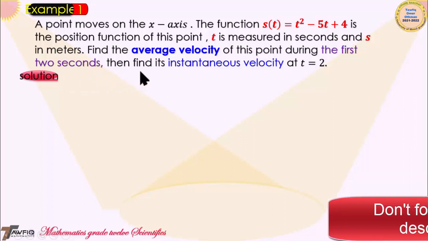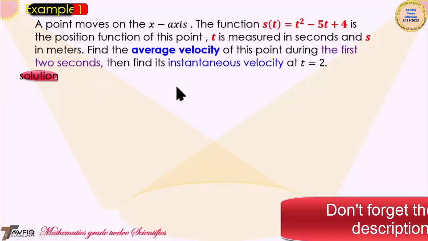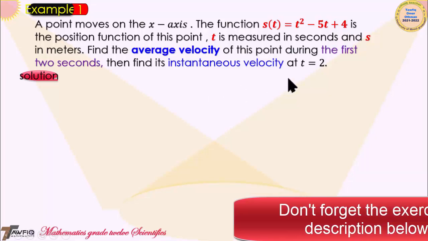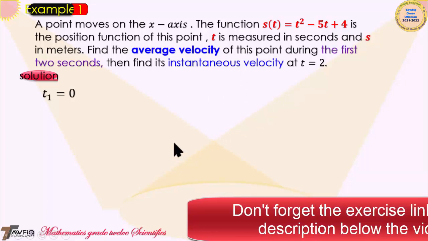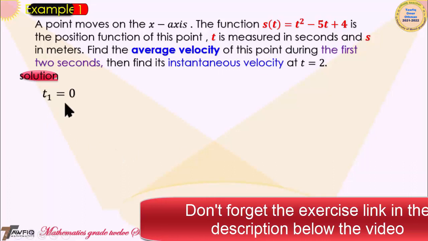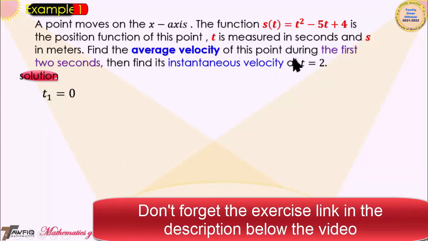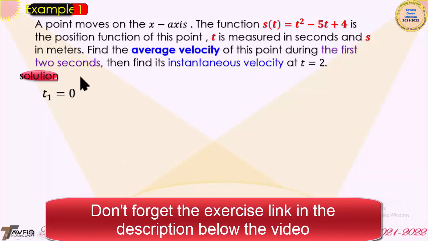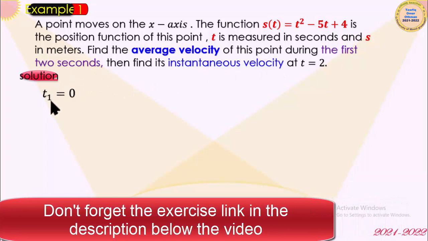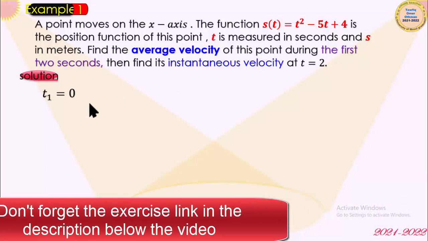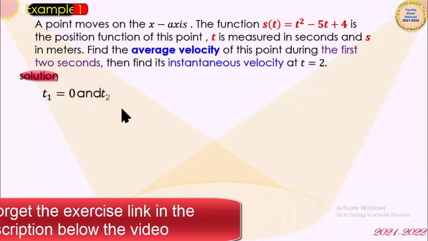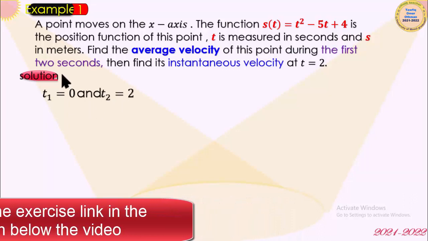Then find the instantaneous velocity at t = 2. During the first 2 seconds means t1 is 0 and the last time t2 is equal to 2.